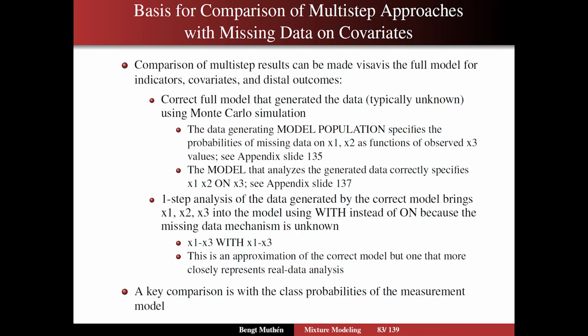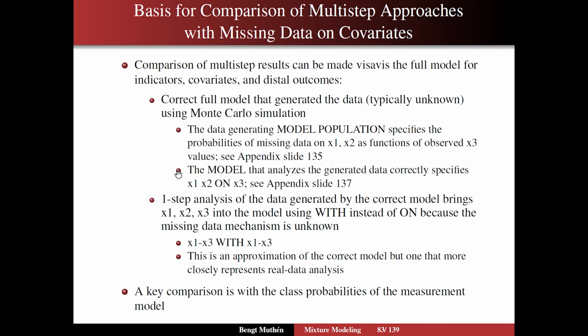And we show that in appendix slide 135, how we generated the data. So here we know the missing data mechanism. When X3 increases, the missingness on X1 and X2 increases. I think it's increasing, could be decreasing, but it's a function of X3.